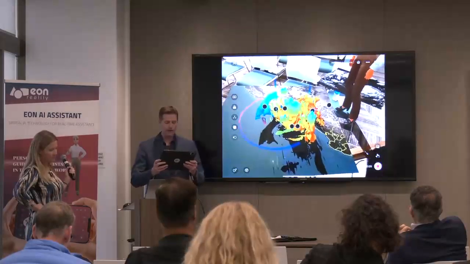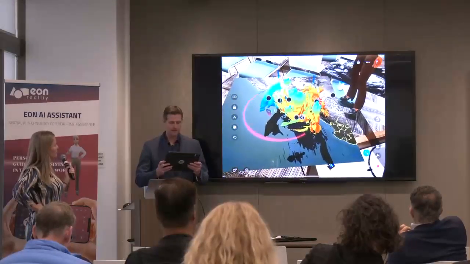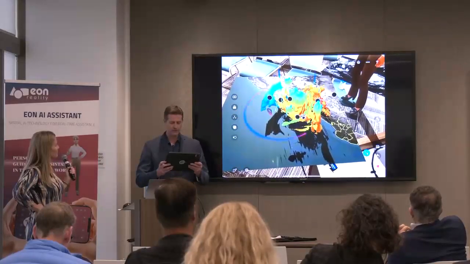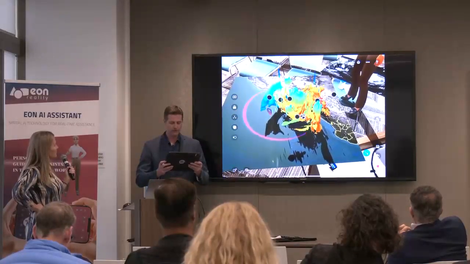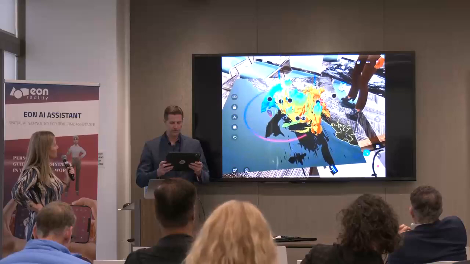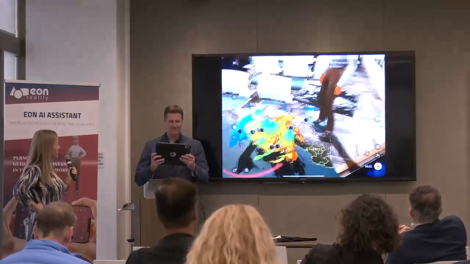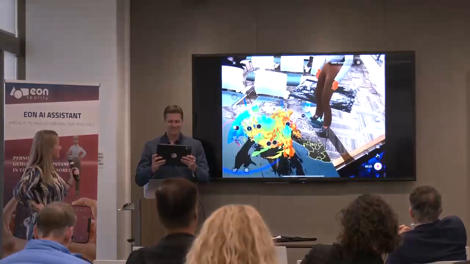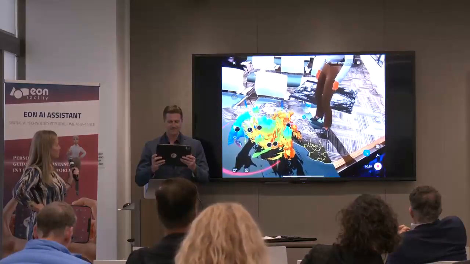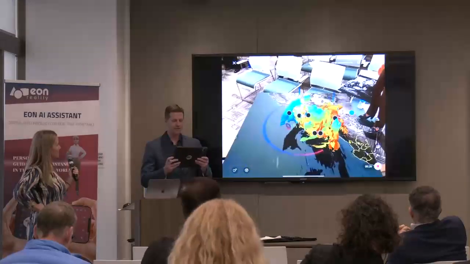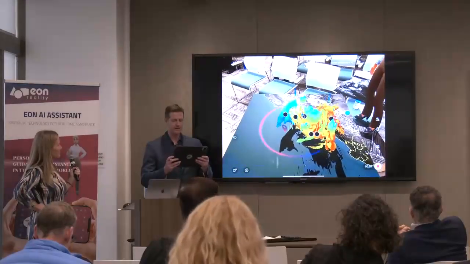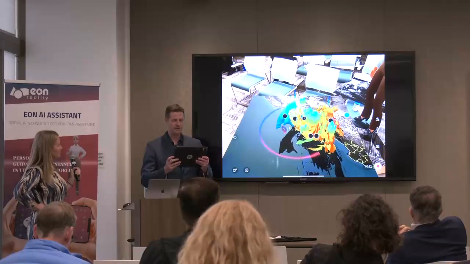I can also point at these different dots. If I point and hold, right in there, how about this one? There it is. This could be a step-by-step process where I select certain dots.